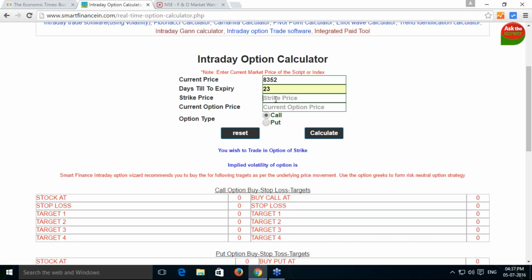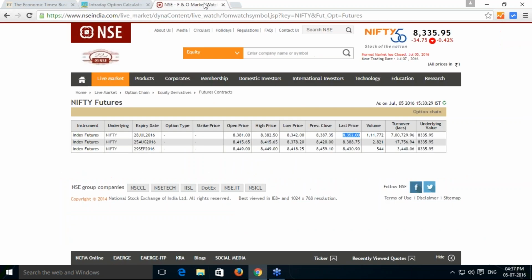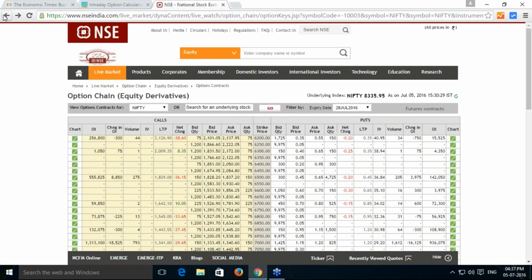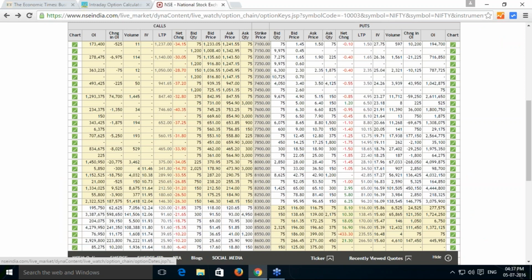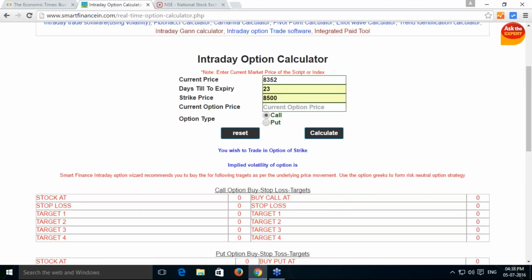I am choosing any strike; any kind of strike you can choose. I am using the 8500 call option strike. Suppose I want to do the trade in the call option of 8500. I have chosen that 8500 strike and the price reported here is 51.6.